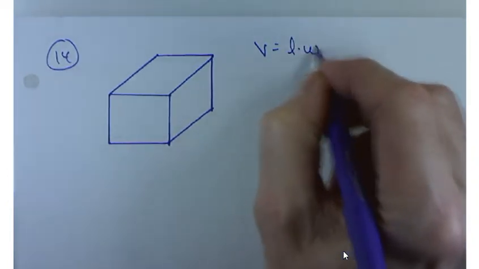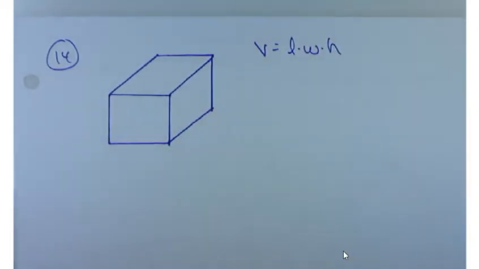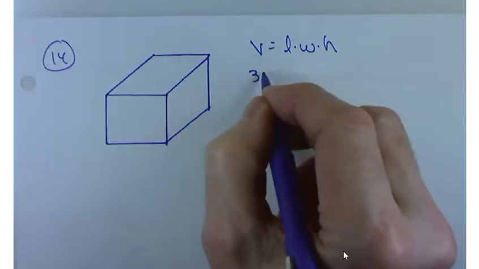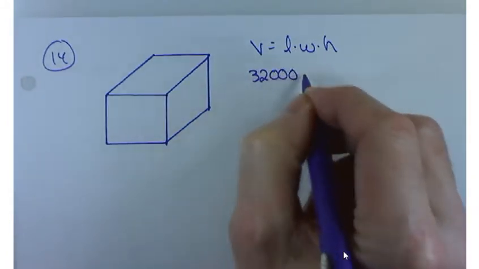Length times width times height. Yeah, that one I expect you to know, but some of them get a little bit out there, and I don't expect you to know all of them. I'll help you out with that, just like I did in the last test with the volume of a cylinder. Okay, now they tell us that the volume is 32,000 cubic centimeters.